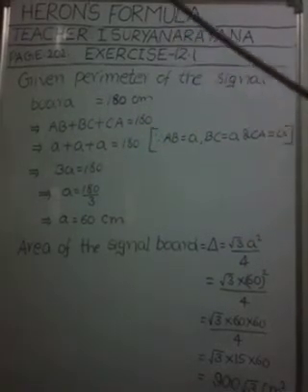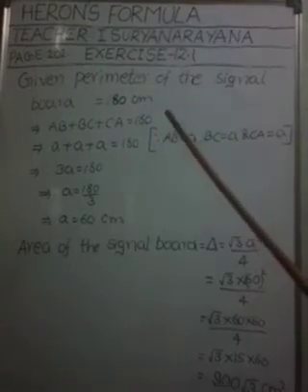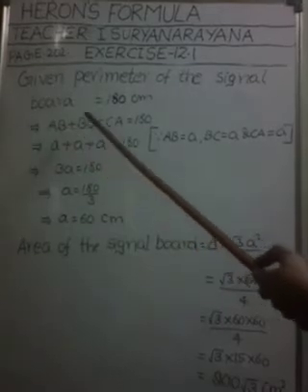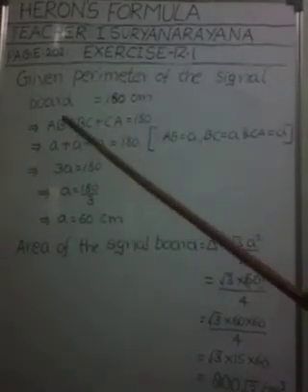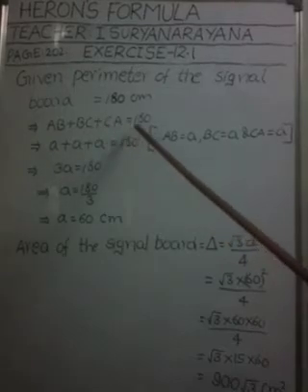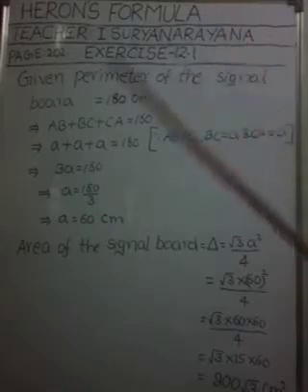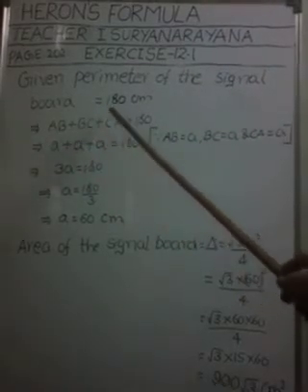What is meant by perimeter of the signal board? We have to add the sum of all the edges of the signal board. What are the edges of the signal board? AB, BC and CA are the edges. So AB plus BC plus CA is equal to 180. Understood this step, my children? We know the values of AB, BC and CA. What is the value of AB? Small letter a.